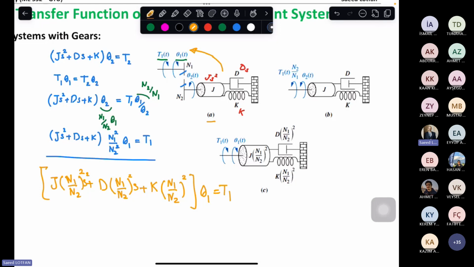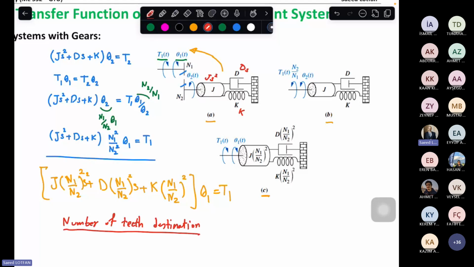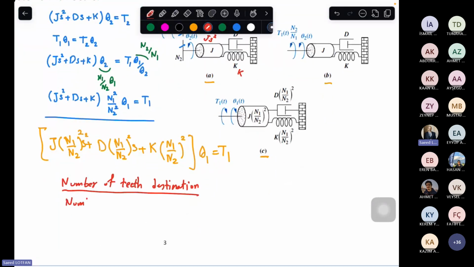This is going from A to B and coming to C, showing that if you replace the impedances by the number of teeth of destination divided by number of teeth of the, let's say, source to the power of 2 multiplied by the impedance, you will get new impedances.